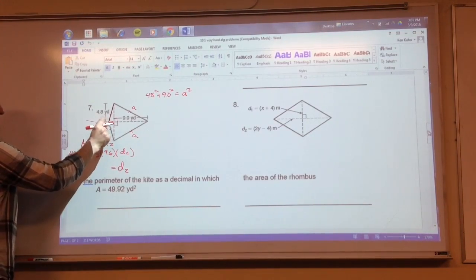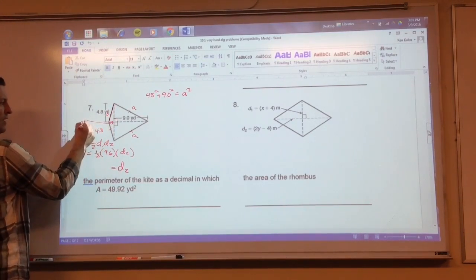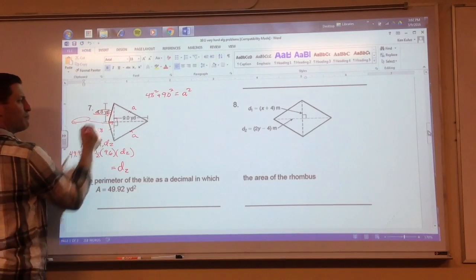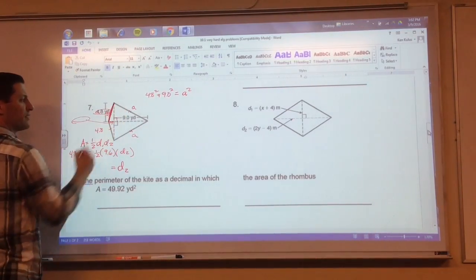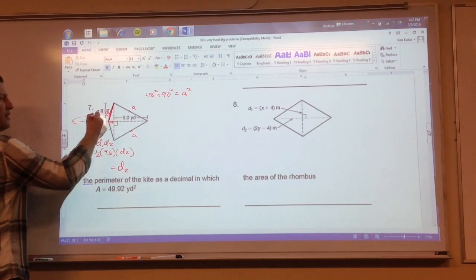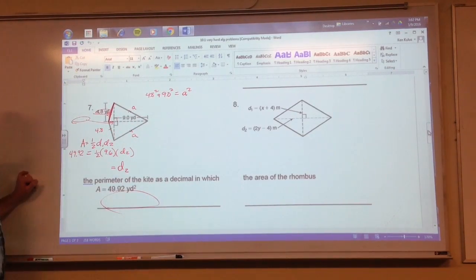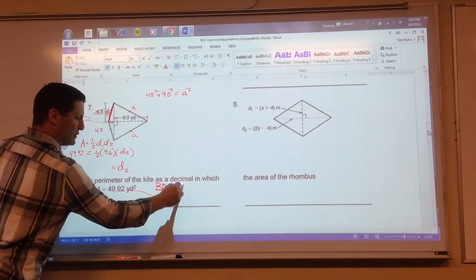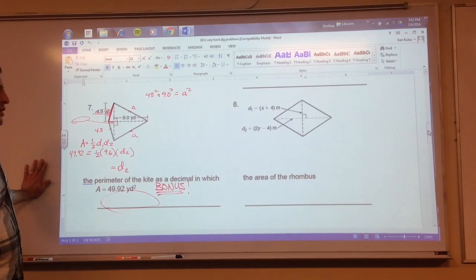That chunk right there will help me get what we'll call value B. I'll take this, and I'll take this, and I'll take B, and I'll do the Pythagorean theorem to find this chunk. After you find that chunk, you can add all of them up to get an expression for the perimeter. Pretty tough problem. Let's call that bonus.